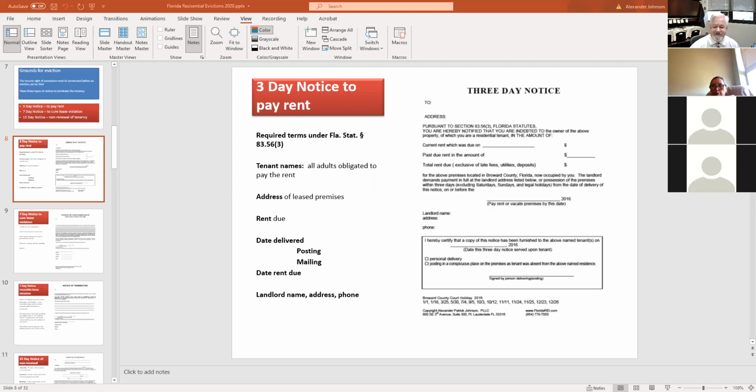The other thing is that the landlord's address on the notice needs to be in the same county as the property.